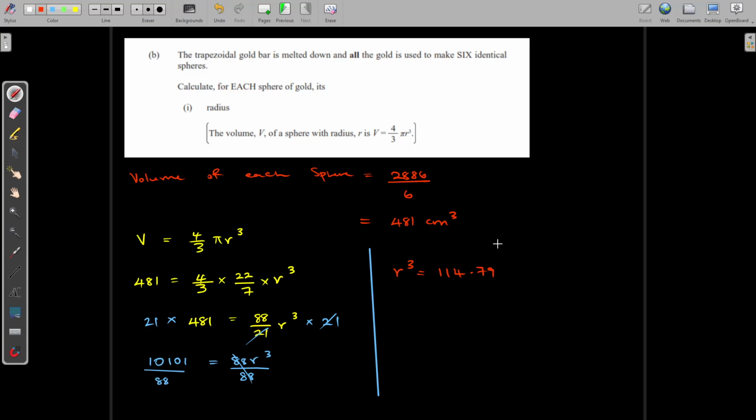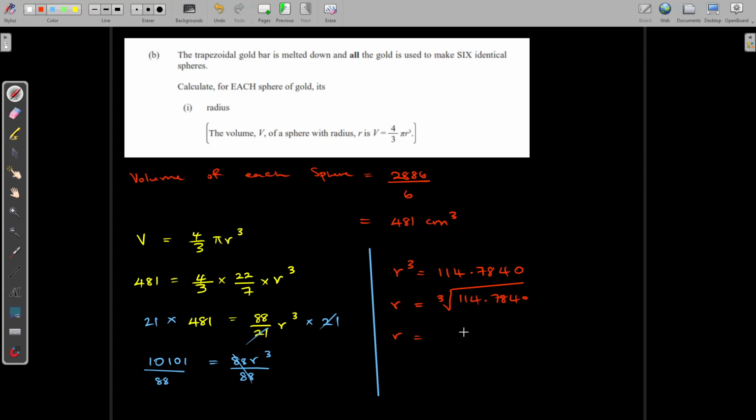Okay, so 7840. So r is equal to the cube root of 114.7840.